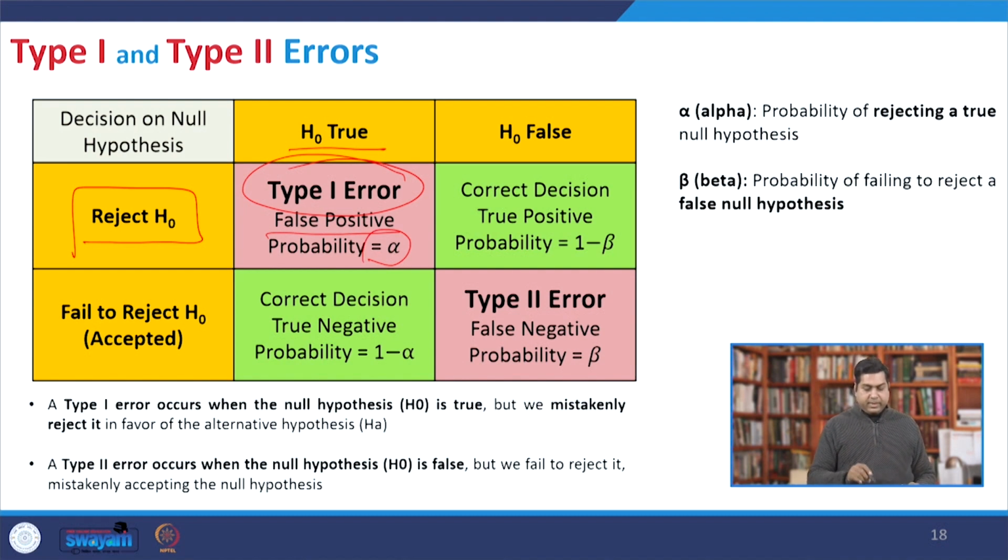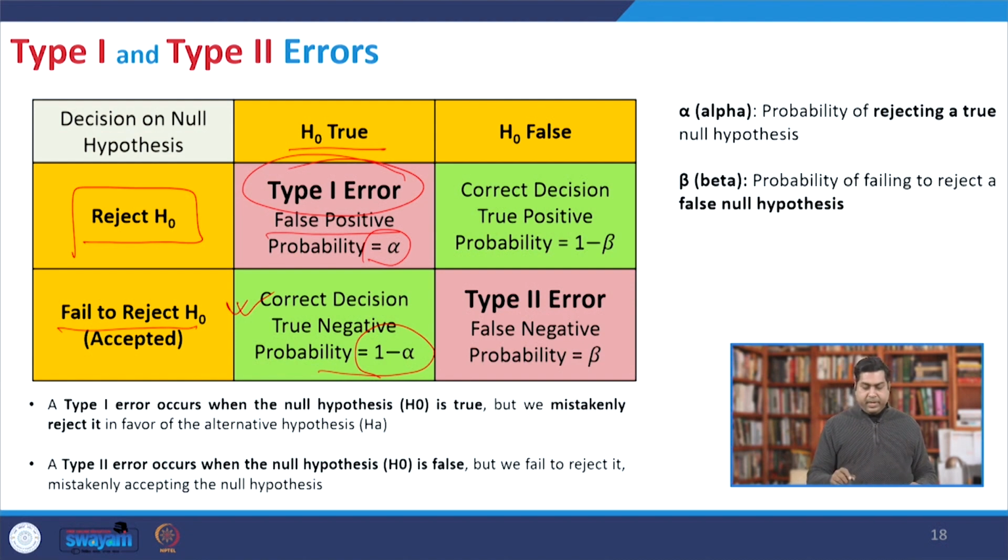Then the second case: the null hypothesis is true and you accept it, so we write fail to reject the null hypothesis because it is actually true. That is a correct decision, and the probability is 1 minus alpha, because the total probability is 1.